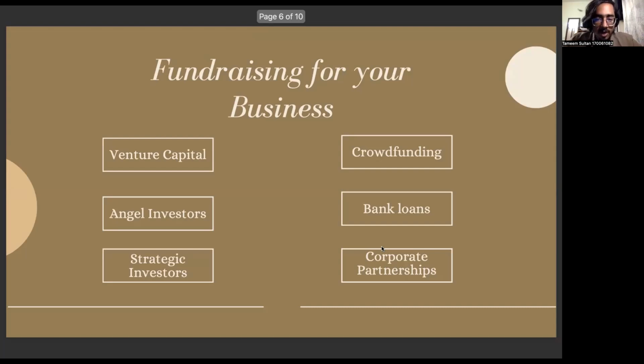Incubators and accelerators provide funding, mentorship and resources to early stage companies in exchange for equity. These programs can help entrepreneurs develop their business plan and connect with investors. Although there are very few incubators in Bangladesh, in developed countries it's more of a common thing.